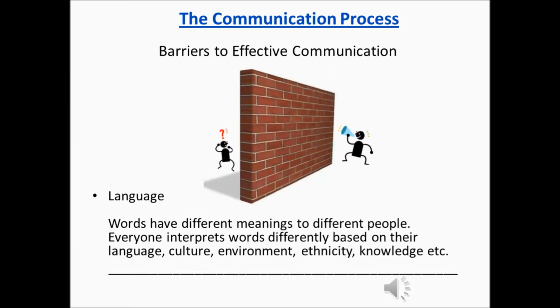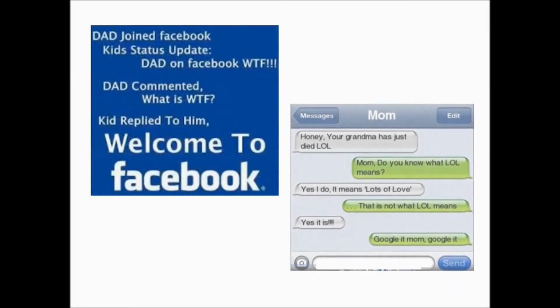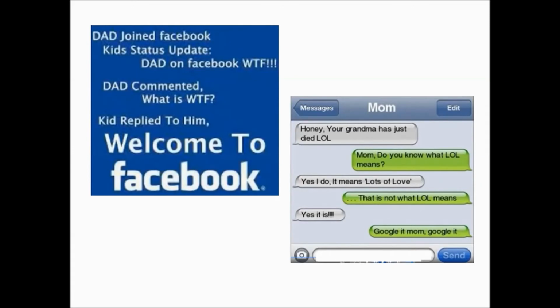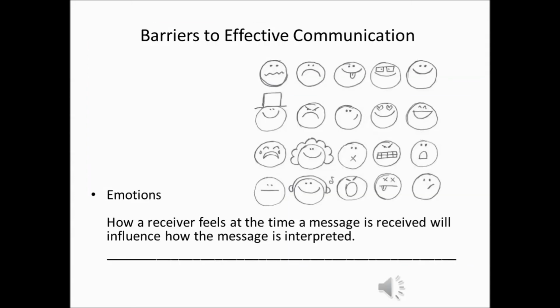Language is another barrier in the communication process. Words have different meanings to different people. Everyone interprets words differently based on their language, culture, environment, ethnicity, knowledge, etc. Emotions are also a barrier in the communication process.